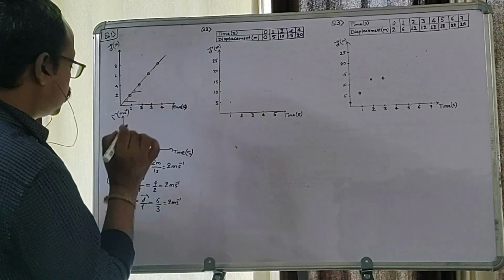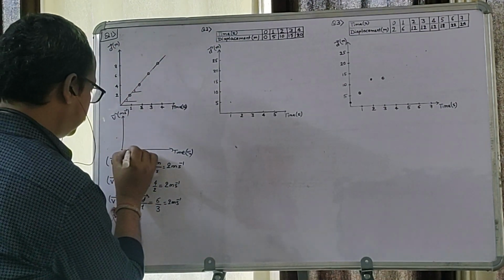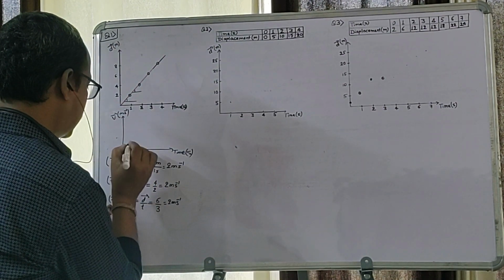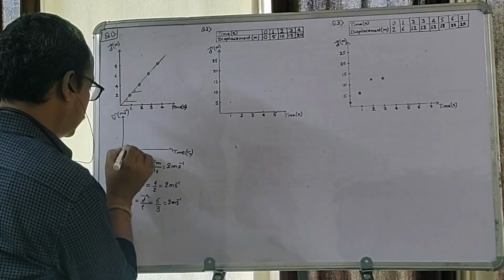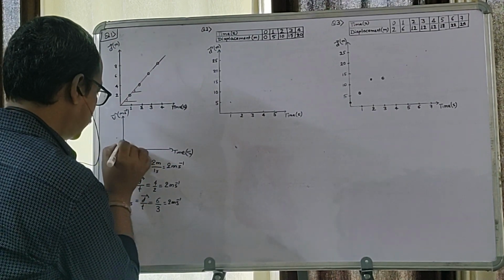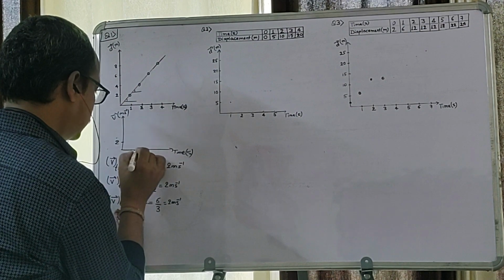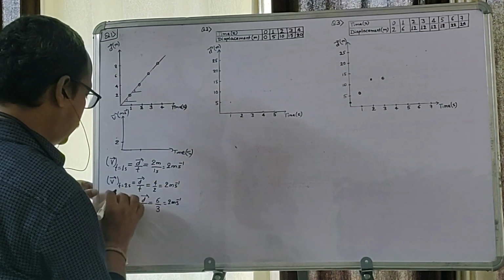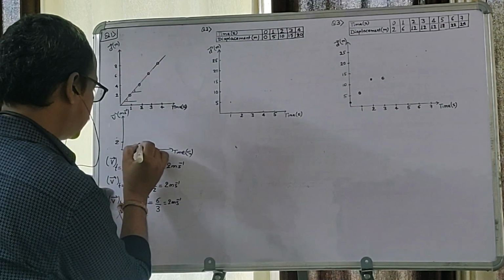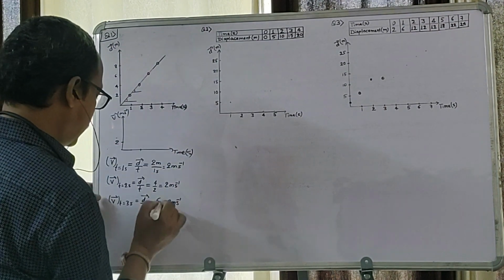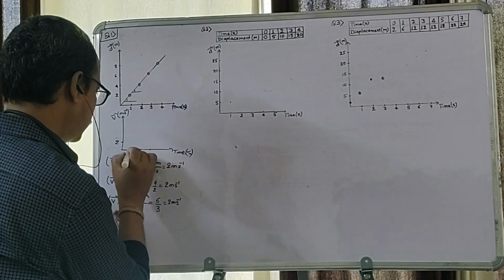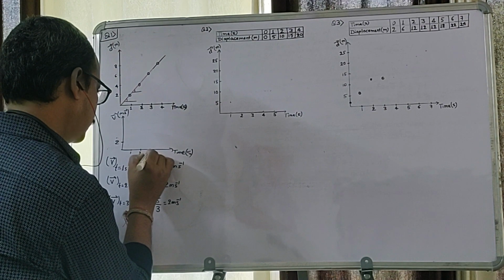At the completion of the first second, it was traveling with a velocity of 2 meters per second. At the completion of 2 seconds, it is still traveling with the same velocity. At the completion of 3 seconds, it is still traveling with the same velocity.